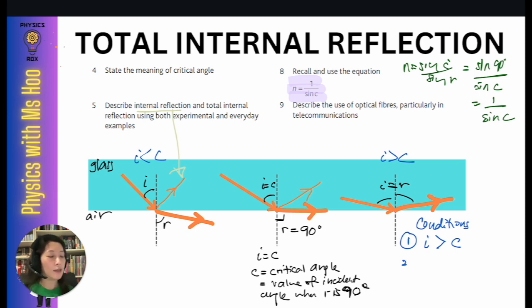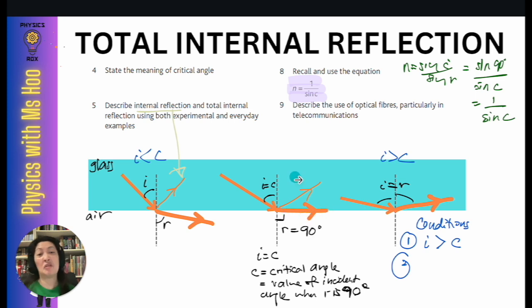Secondly, total internal reflection can only happen when the refracted angle is greater than the incident angle. That means that the light ray must be traveling from slower to faster. Or an easier way to think about it, from a higher optical density to lower optical density. If it were traveling from air to glass, then you'll find that this can't happen because the light ray will always be refracting towards the normal.